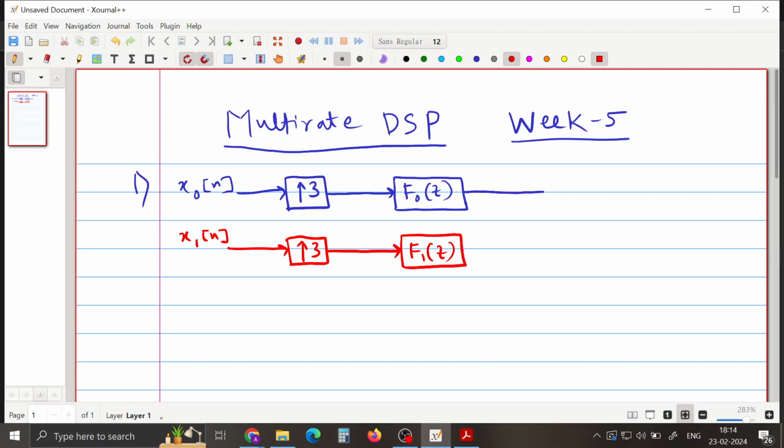And similarly there is the third one. Maybe I'll use a different color. Then we have x2 of n, and this is f2 of z.